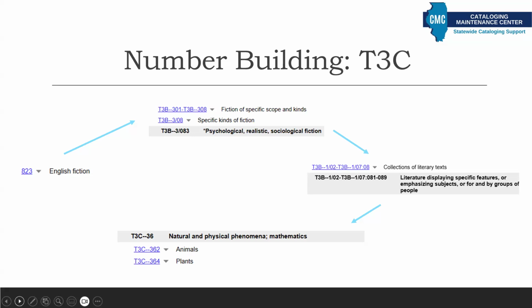This action takes us into the T3C table. From there, we choose 3 for arts and literature dealing with specific themes and subjects, 3, 6 for natural physical phenomena, mathematics, and finally 3, 6, 4 for plants. This creates the number overall for this collection at 823.083.08364.